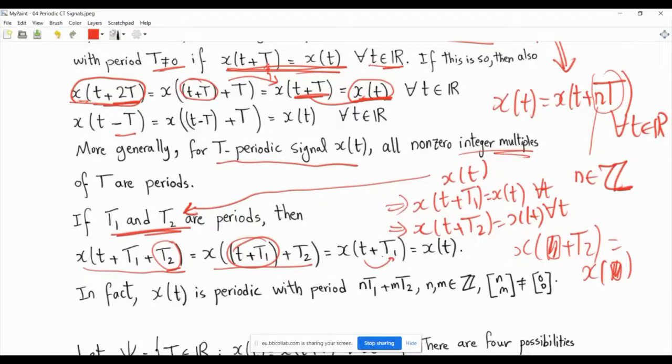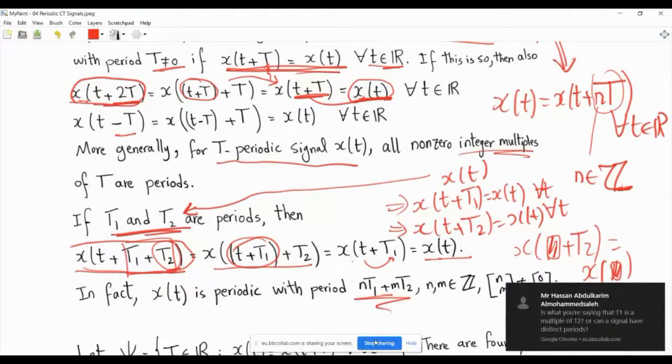But T1 itself is a period. So x of small t plus big T1 is x of t. So if T1 and T2 are periods, then T1 plus T2 is also a period. It will also satisfy the definition of periodicity. In fact, the definition will be satisfied for any integer combination of T1 and T2. So keep this in mind. If big T is a period, any non-zero integer multiple is a period.